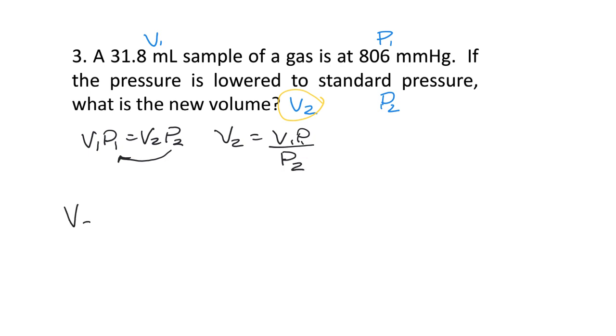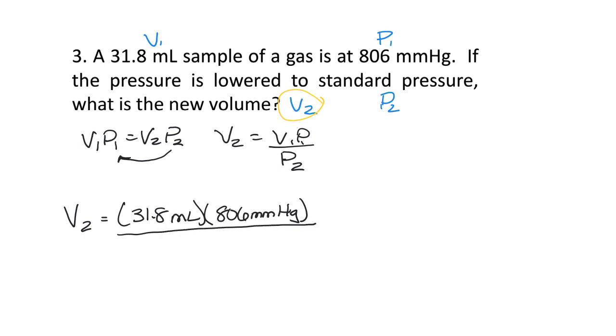Okay, so V2 equals, so 31.8 milliliters. And I'm going to put my units in here just because I want to make sure my units cancel and what I'm getting out is what I'm supposed to have. So 806 millimeters of mercury. Now, standard pressure. I have millimeters of mercury, so I'm not going to put 1.00 ATM because I didn't start out with ATM.